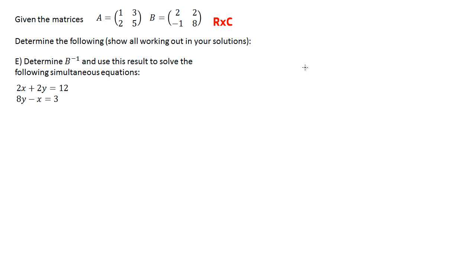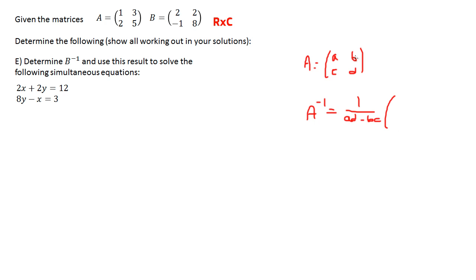Now, when we have an inverse matrix of A, and A equals the values A, B, C, and D, the inverse of that matrix is going to be 1 over AD minus BC, times the matrix in its inverse form.